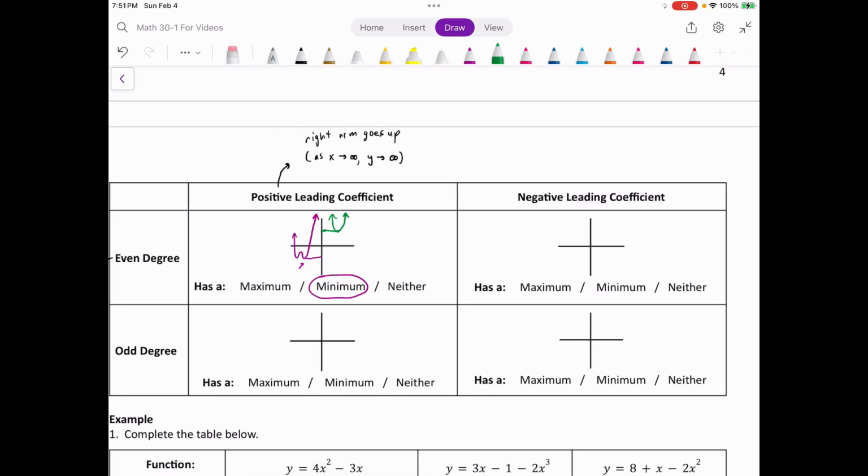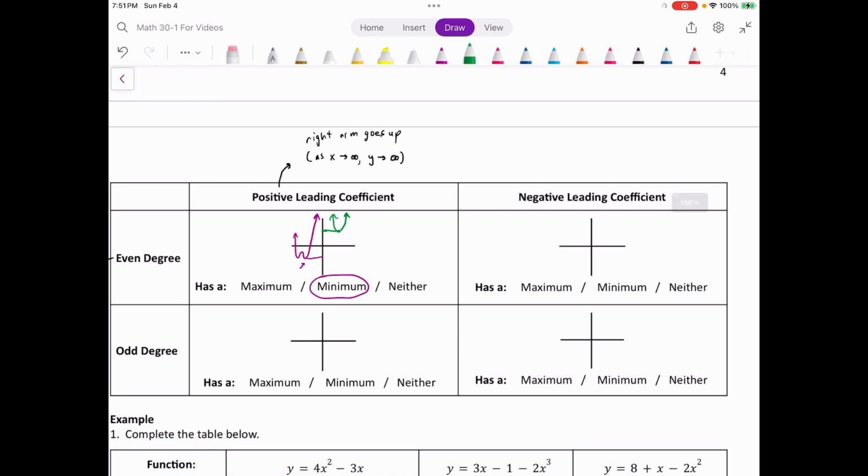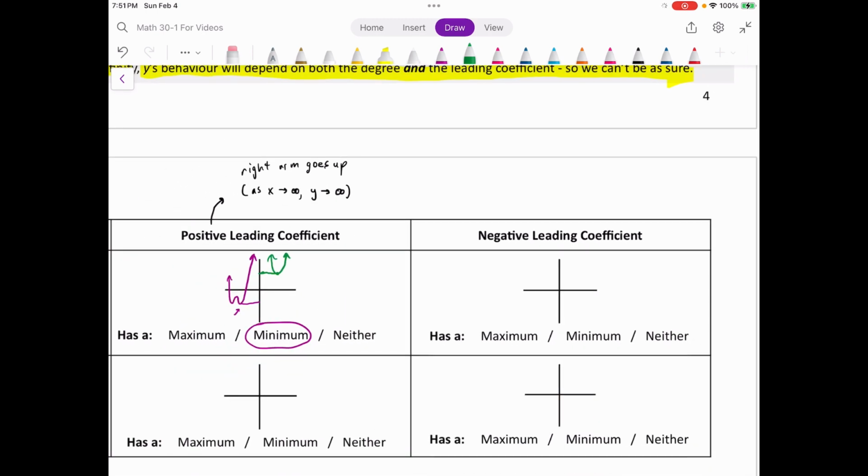What about something that has a negative leading coefficient and an even degree? We've already established even degree tells us that both arms go in the same direction. What does a negative leading coefficient tell us? That's right. Tells us that the right arm goes down, right?